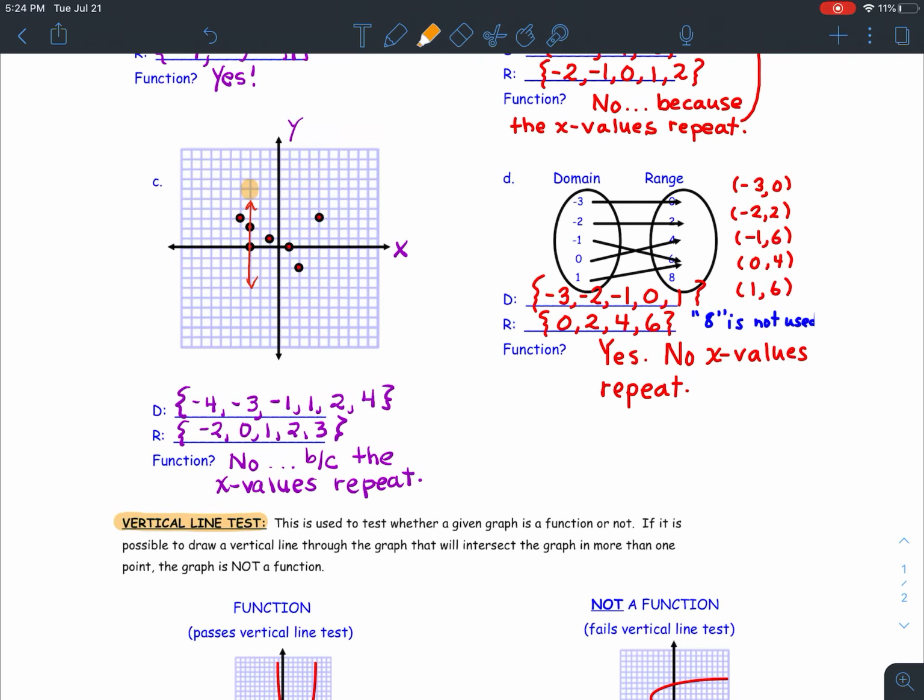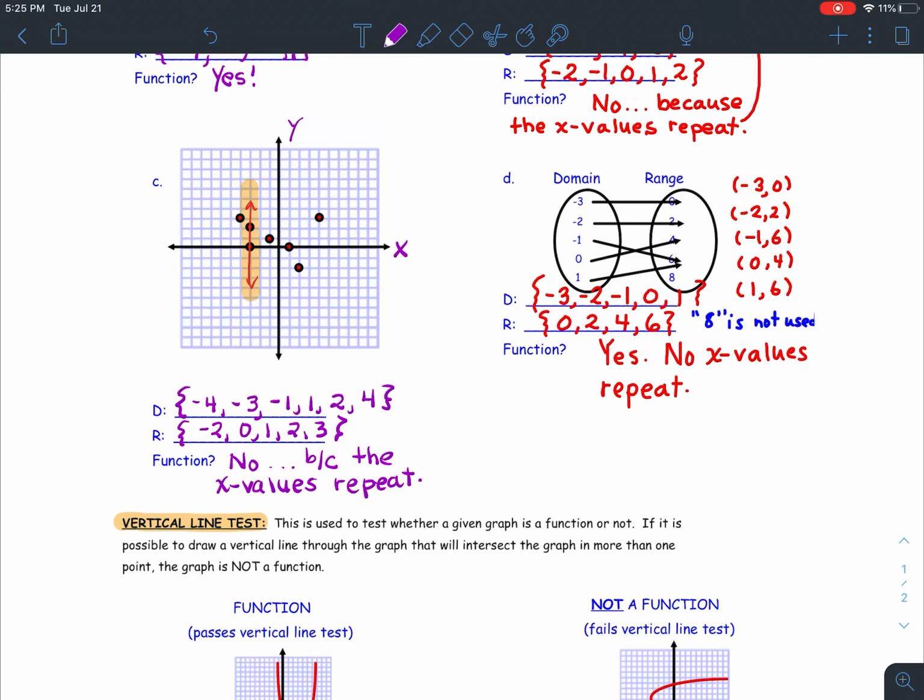You'll notice those 2 points that were in line vertically on the graph. If 2 points are in line vertically, they're going to have the exact same x value. And we know that if 2 points have the exact same x value, well, then that particular relation is not going to qualify as being a function.